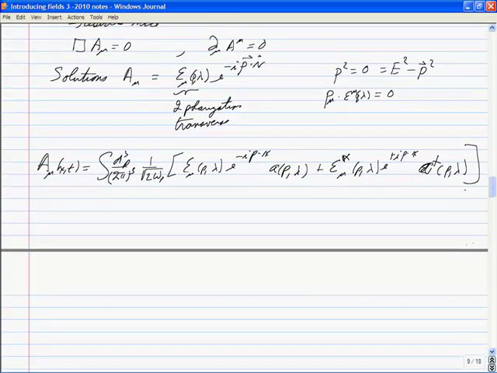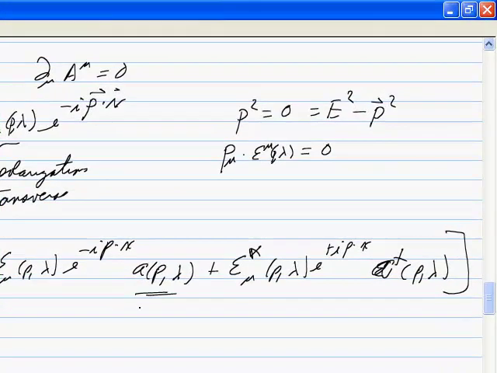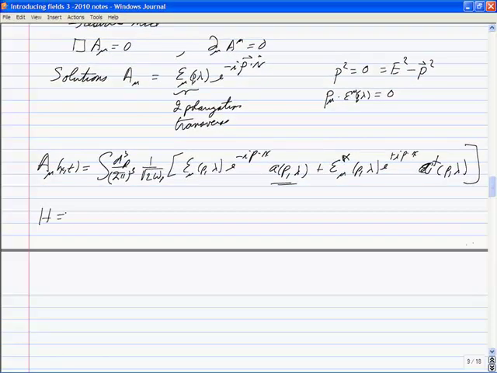So if you take that, you take the usual commutation rules on these guys, and you calculate the Hamiltonian, which is the integral d3x of 1/2 E squared plus B squared. Okay? And you know how to get E and B from that.